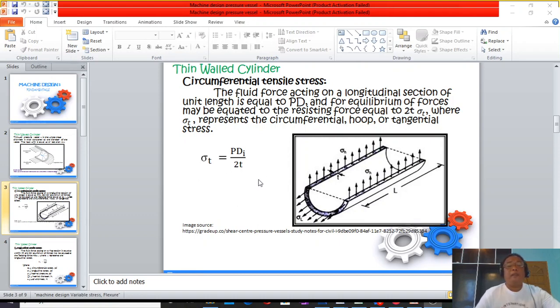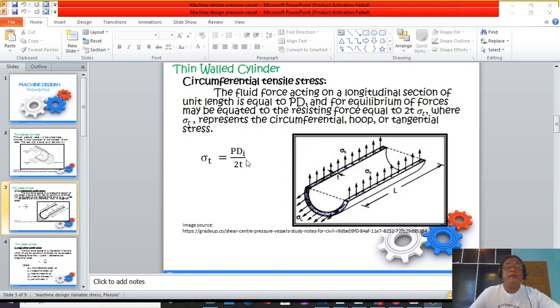But for the tensile stress, class, knowing that sigma t equals F over A, where the area now resisting is the thickness of the plate multiplied by the length, multiplied by two.